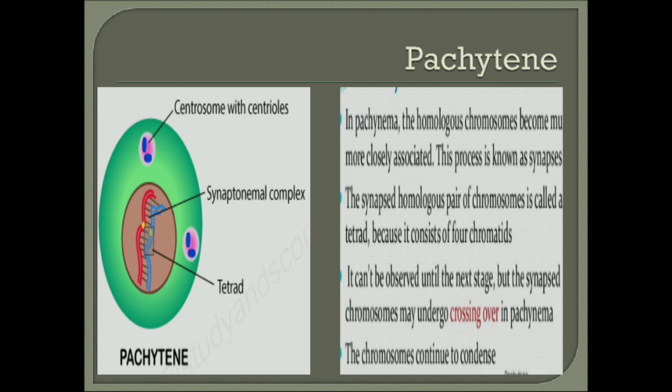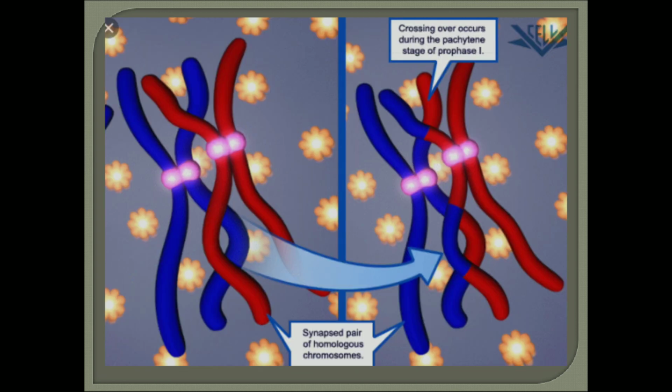This is the tetrad. See here how crossing over occurs. One chromatid of the maternal and one chromatid of the paternal chromosome exchange segments with each other, and this process is responsible for variation in an individual.